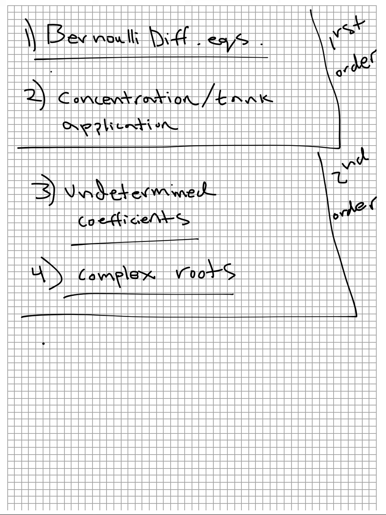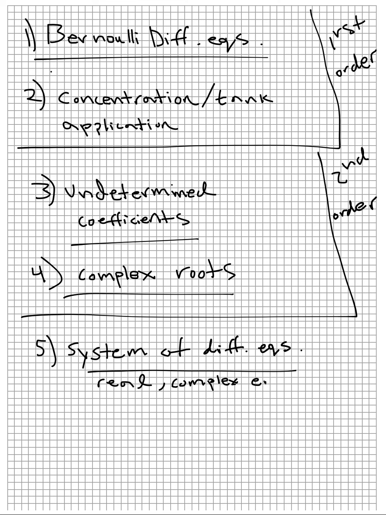All right, and then the last two, problems 5 and 6. Problem 5 will be either, so you should be prepared for either one, solving a system of differential equations for real eigenvalues or complex eigenvalues.